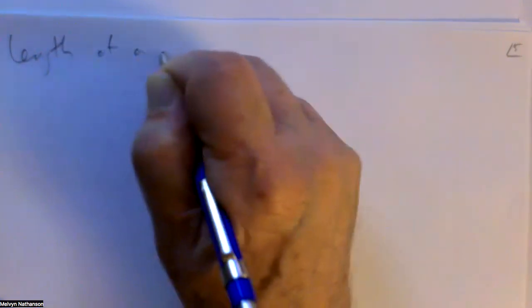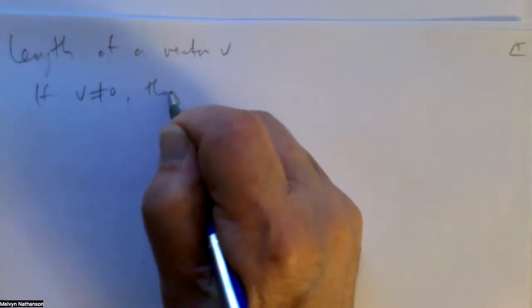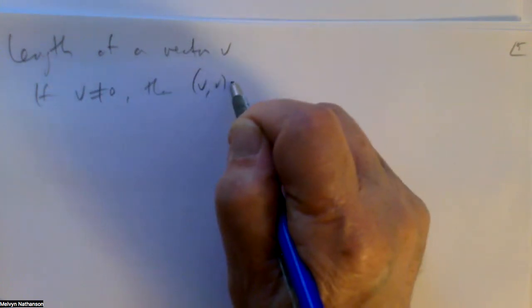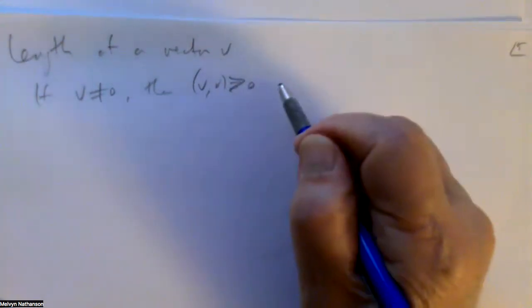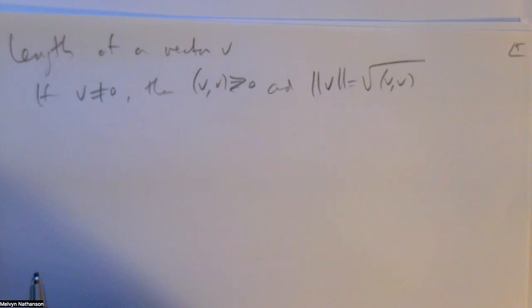With the inner product, we can define the length of a vector v. If v is different from 0, then we know that the inner product of v with itself is positive, and you can take the square root of a positive number. So we define the length of v as the square root of the inner product of v with itself.